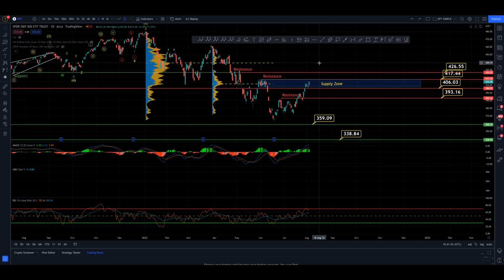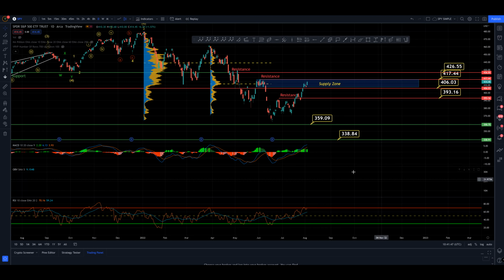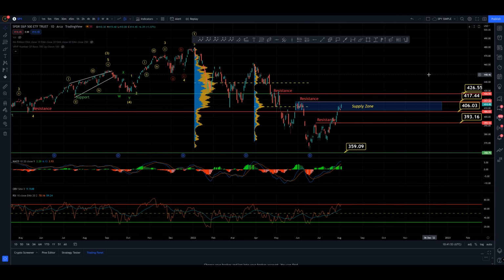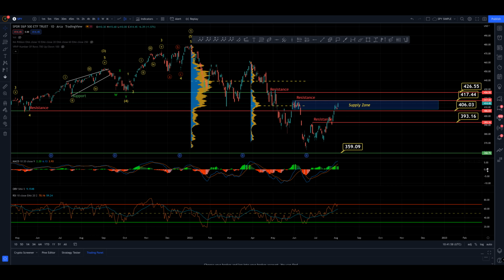Now if we look on the daily time frame, we're starting to get overbought. Now this is one of those situations where you can interpret this, like I said earlier, to fit your own narrative. Momentum on the MACD is higher than it was during the lower high swing of this three wave move down.